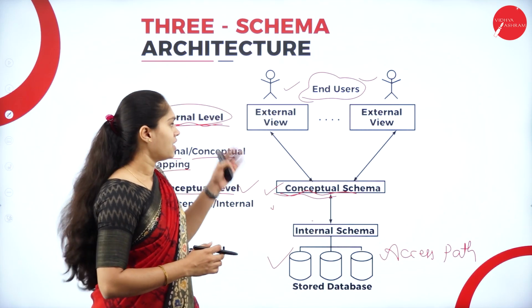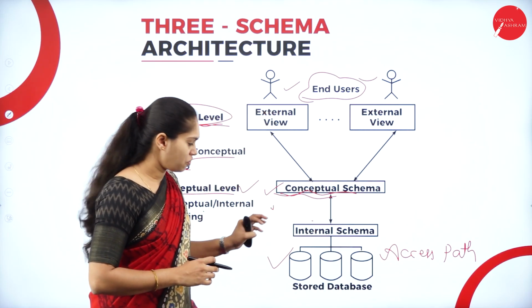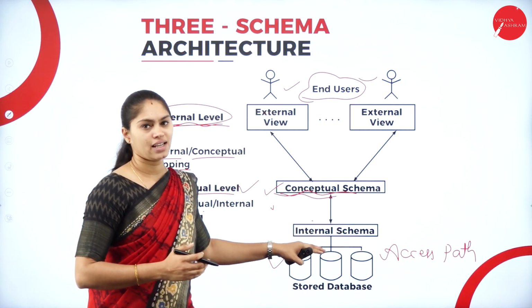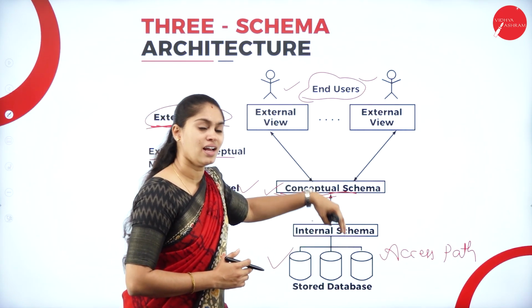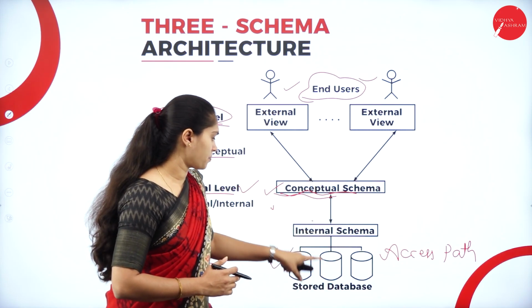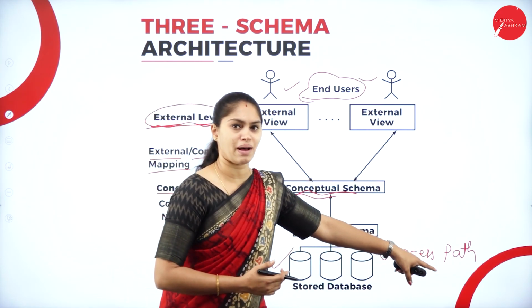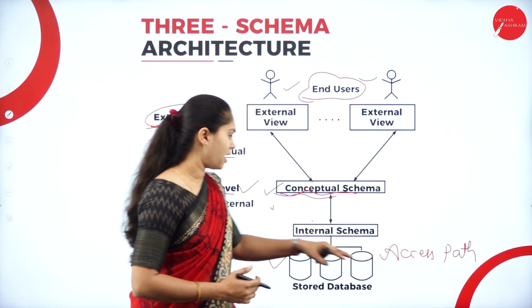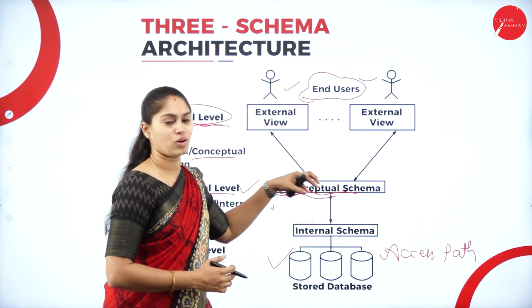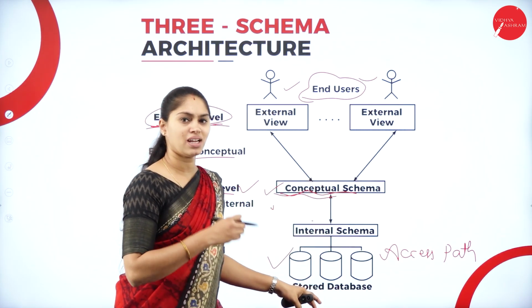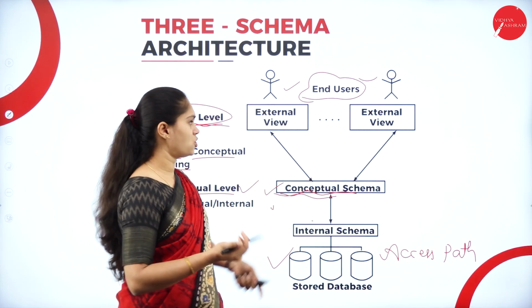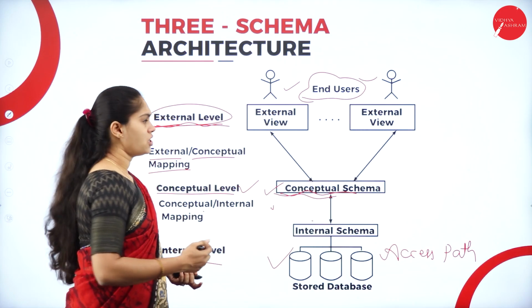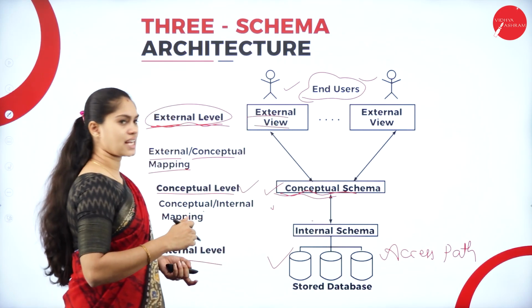Based on that, they access the data and information present in the internal schema. The internal schema provides an access path, and with the help of that access path, the conceptual schema gets the data and information from the internal schema and helps reach it to the end user. So here abstraction will be more. So it is also considered as what? External view.